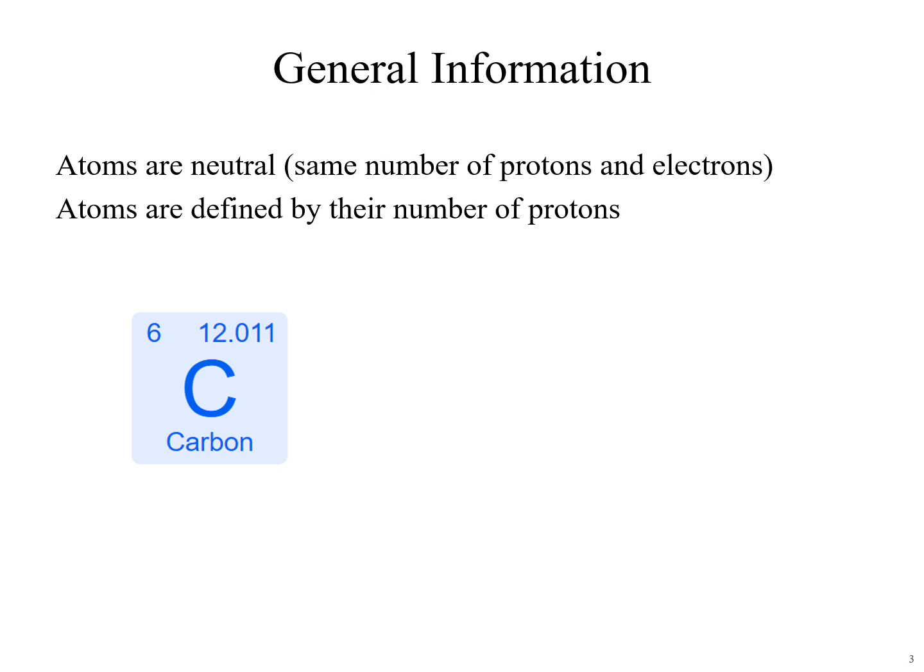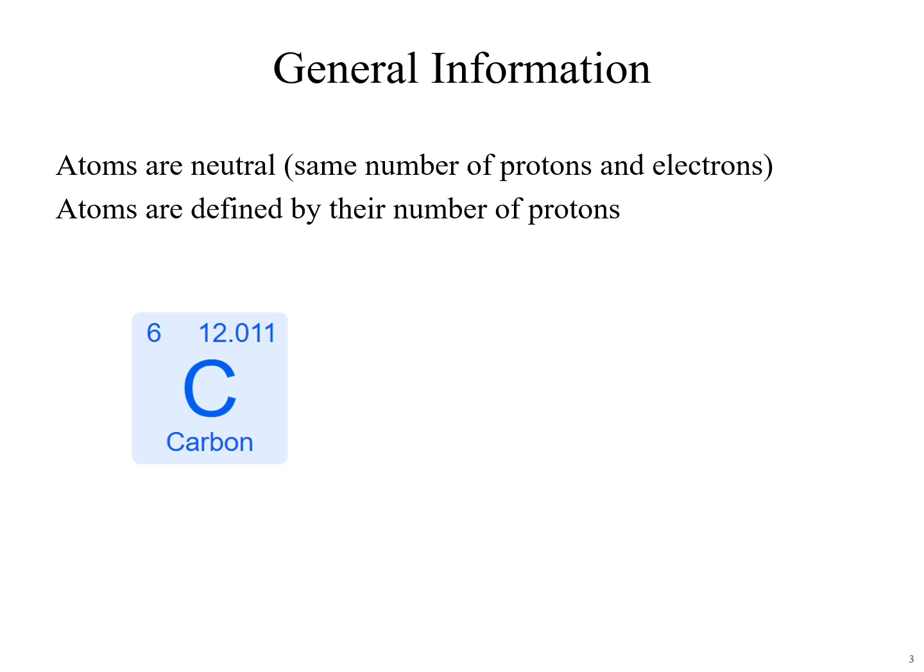So for an atom to be neutral, or to carry an overall charge that is equal to 0, it means that all of the positive and negative charges are canceling each other out. Okay?